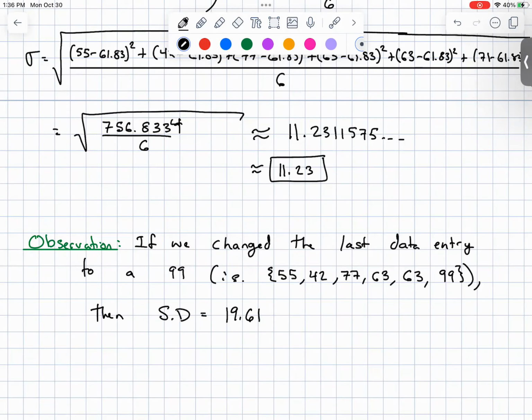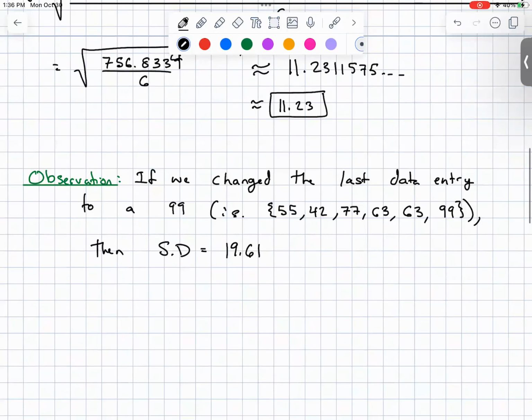Now that the last data value is different, all the things change, because the mean will be using a 99 instead of a 71. Then you calculate the standard deviation of that. If you do, you'll get 19.61, which is a larger standard deviation.